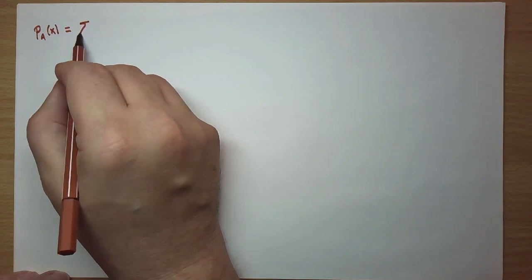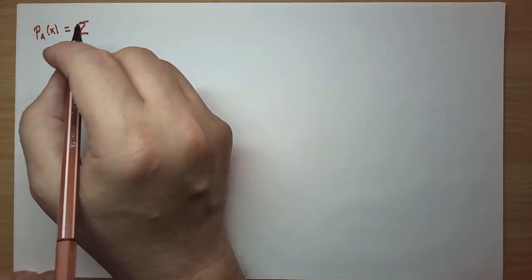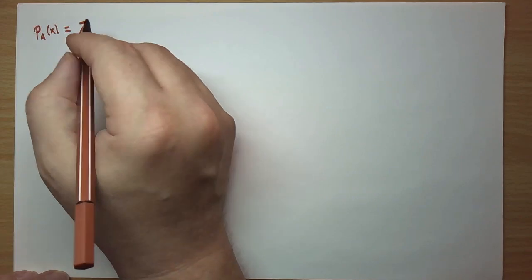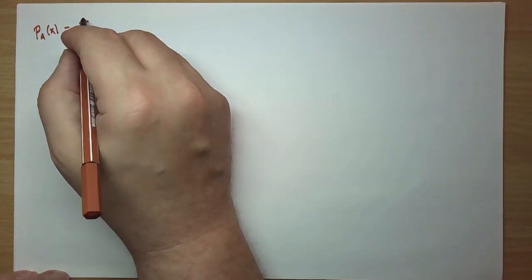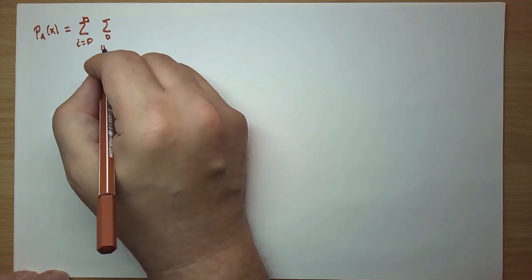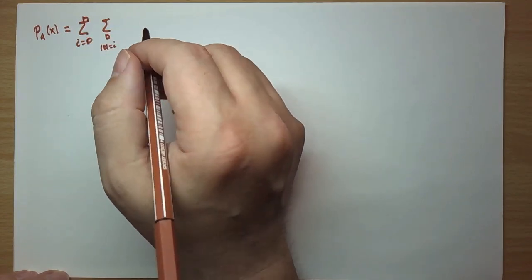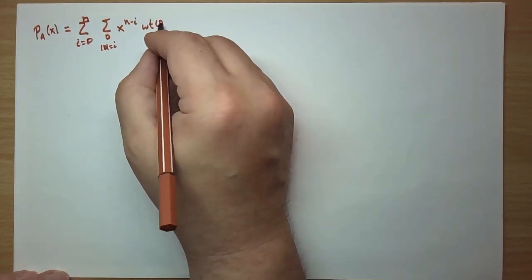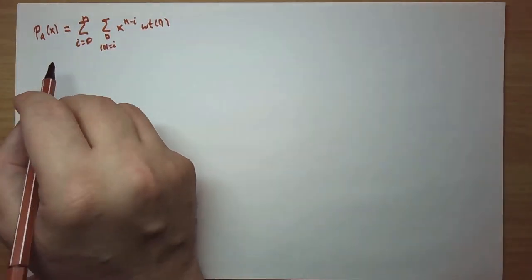So if we're looking at our characteristic polynomial, I'll go back to P_A of x, which is our sum from 0 to n, over all decompositions, where the number of things in our decomposition is i, of x to the n minus i, times the weight of d. All right, so that's one expression.